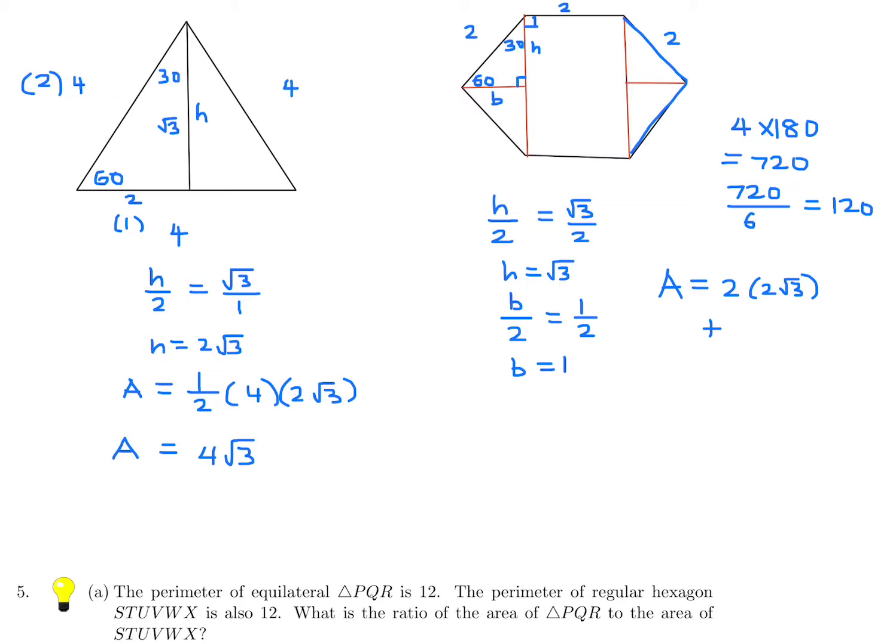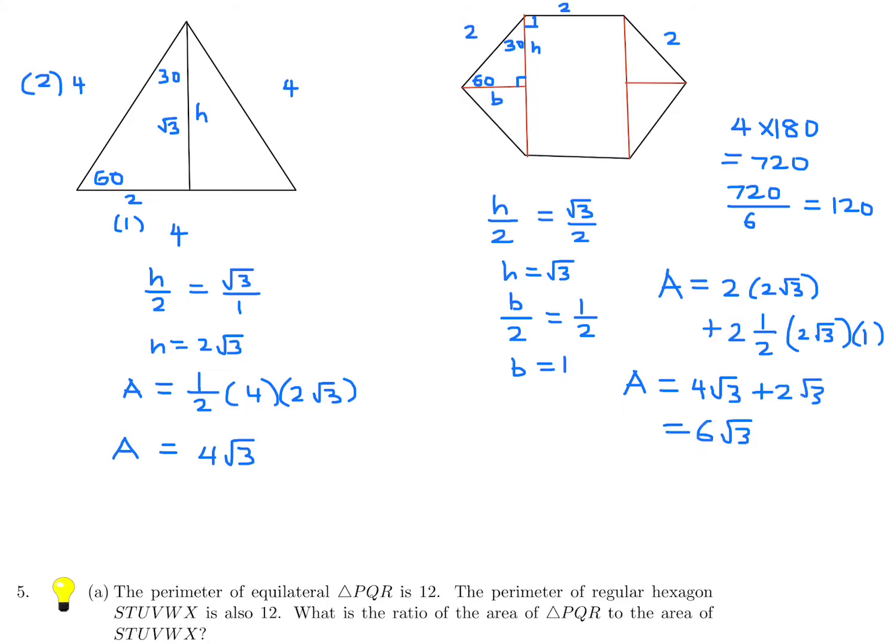So it would be 2 times 1/2 base times height. I'm going to treat that as the base. So that's going to be 2h, so 2 root 3. And the height, I will treat that as the height, which is 1. Okay, so this gives me 4 root 3 plus 2 root 3, which is 6 root 3.